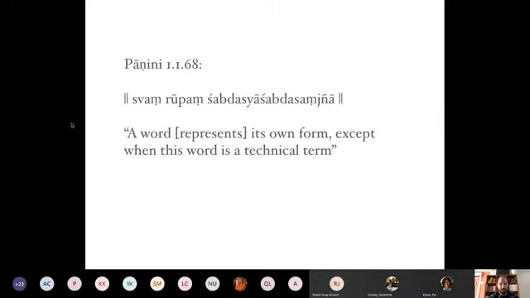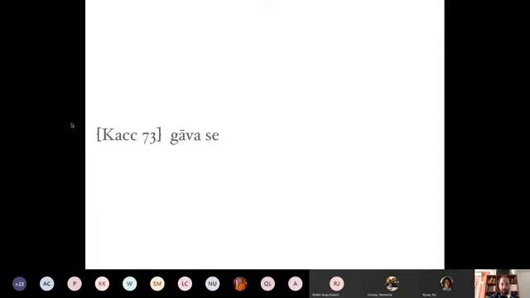And the rule says, Svam rupam shabdasya ashabdasamjna. And that means something like, in my translation, a word represents its own form, except when this word is a technical term.